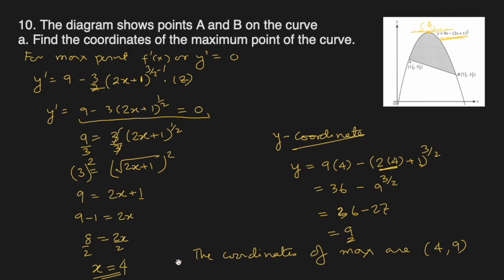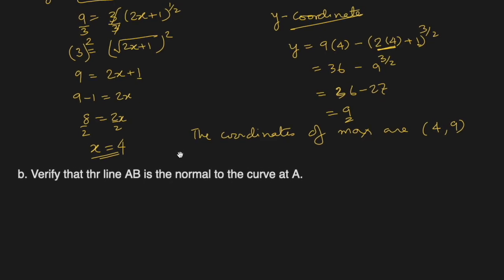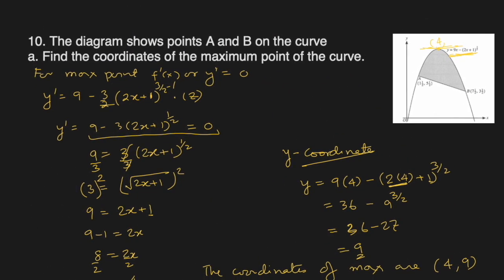Okay, what next? Verify that the line AB is the normal to the curve at A. So this line AB is a normal, that's what they mean to say. What we can see is that this is the tangent. We have to prove that this is 90 degrees to the tangent, and the gradient of the tangent is nothing but the first derivative, which we got as this one.